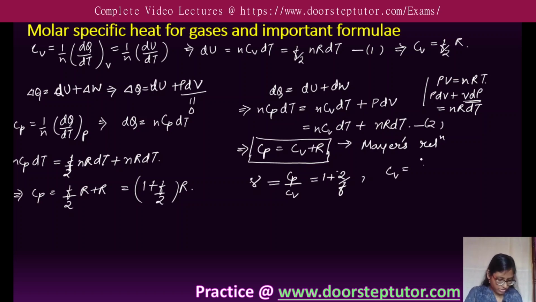So Cv can be written as R by gamma minus 1 and Cp can be written as gamma R by gamma minus 1. Gamma is the adiabatic constant.